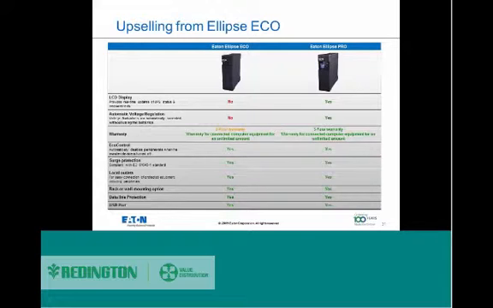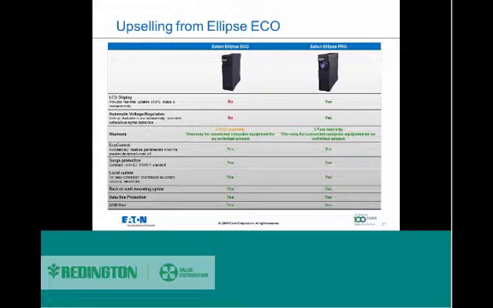Now, a quick comparison of the Ellipse Pro and the Ellipse Echo: the Echo does not have an LCD display or voltage regulation. The automatic voltage regulation is not there because it's an offline UPS. The LCD display, like I said, is an additional feature of the Ellipse Pro.